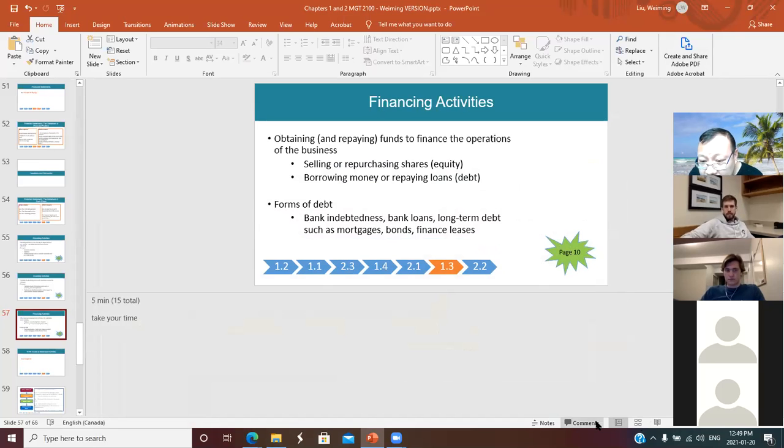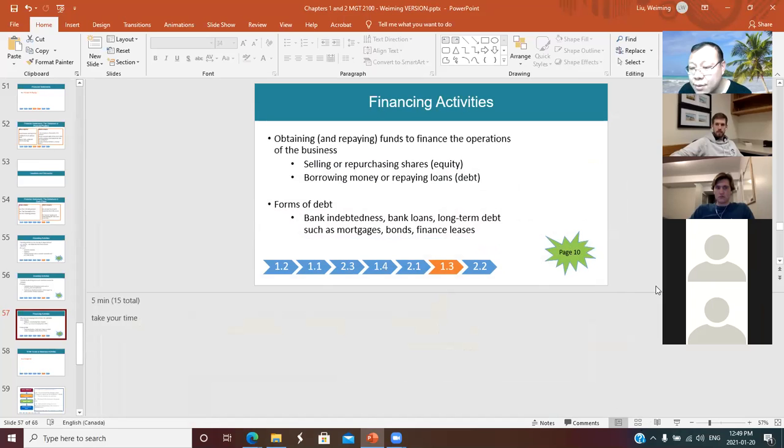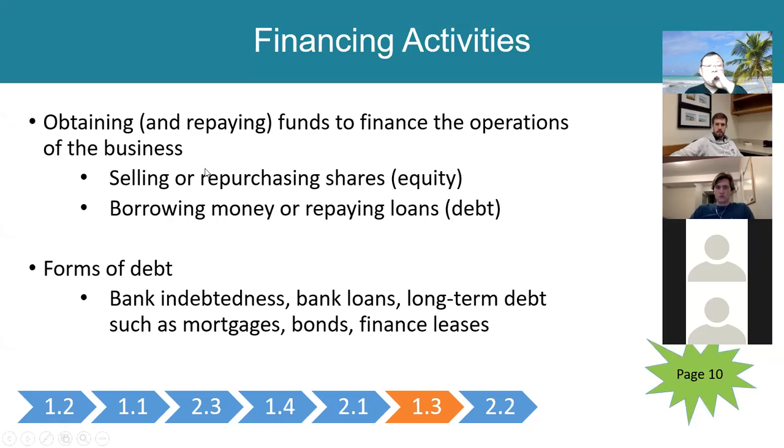So when you sell or purchase shares, right? Shares are equities. So that makes it financing activity. When you borrow money or repay loans, that's about non-current liabilities. So that makes it financing activities. Right? Okay.